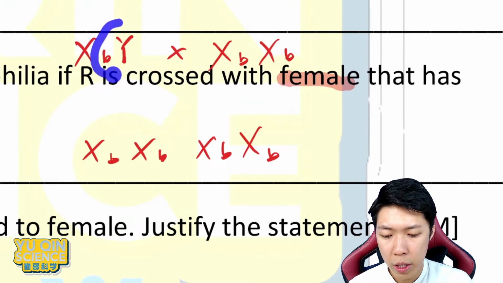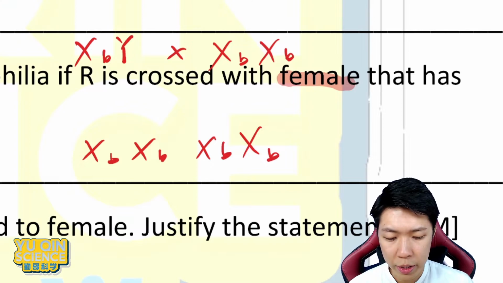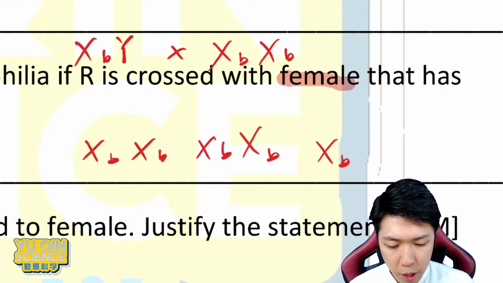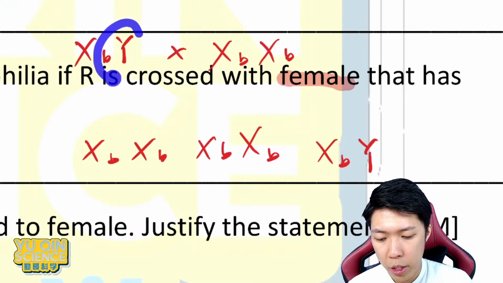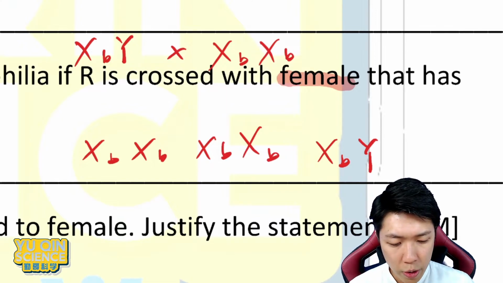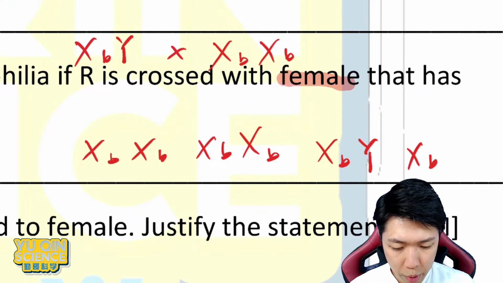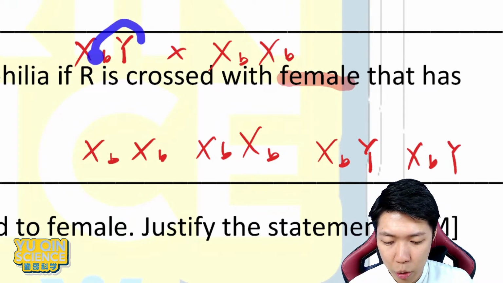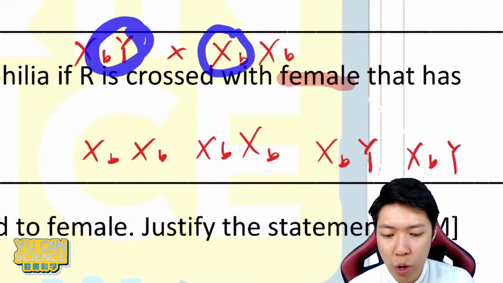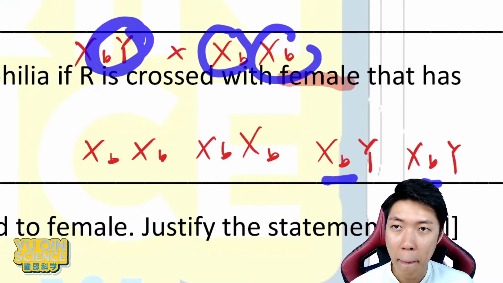And then 2, 3: X first, X small b, Y. And then 2, 4: X small b, Y. Always X first, although you see 2, 3, 2, 4, we write X first, remember that?